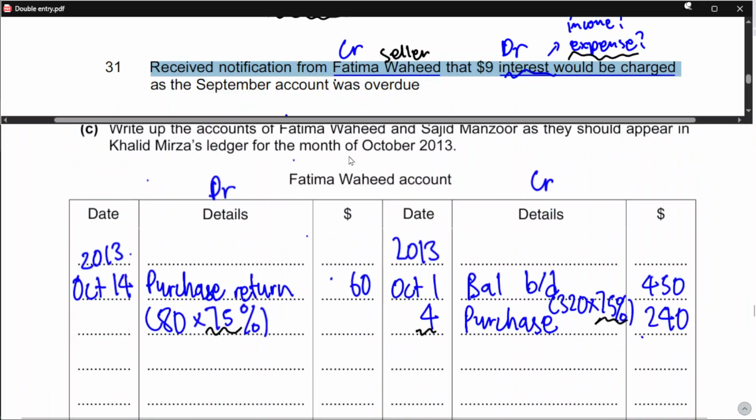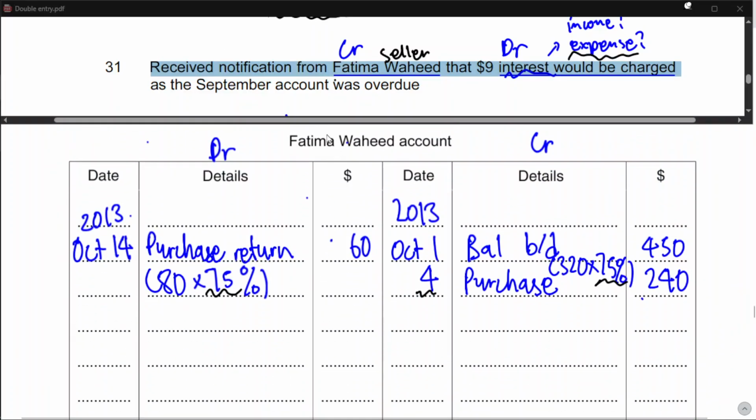Go to Fatima account, and Fatima credit interest expense, by 9.